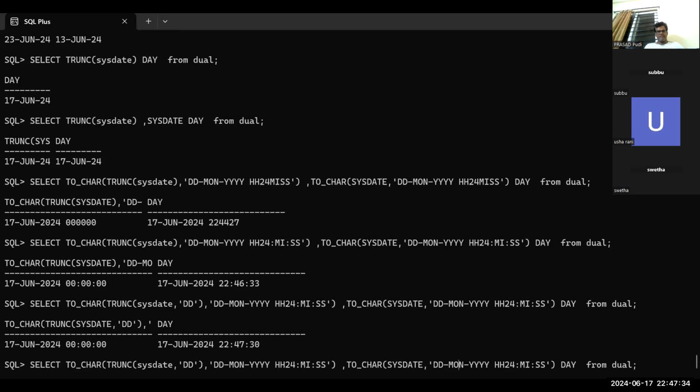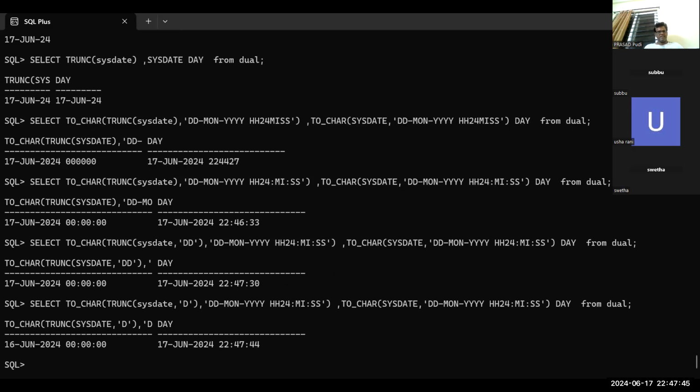But where did it go? Just check. DD I gave, now D I gave. See, trunk difference.